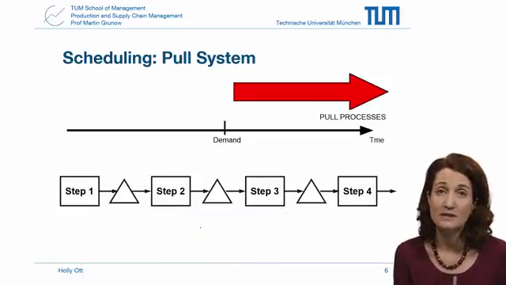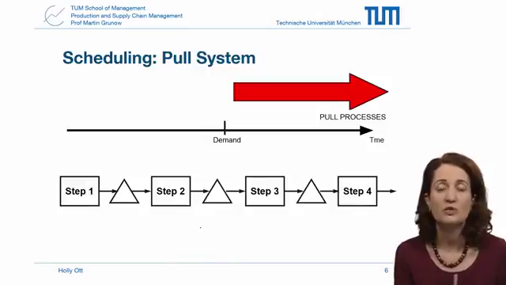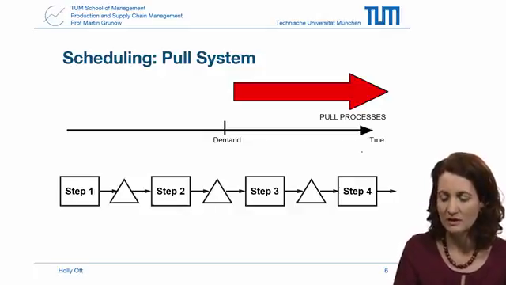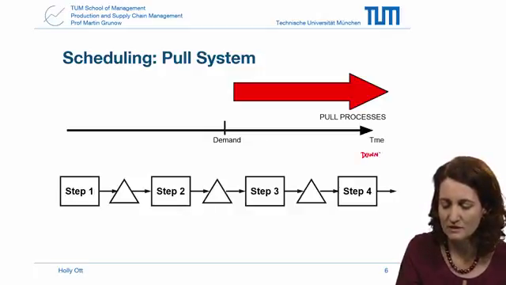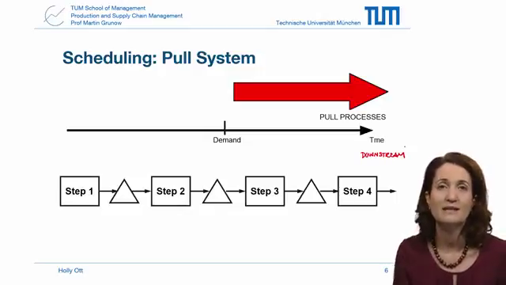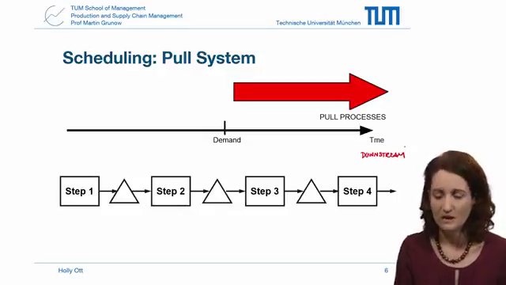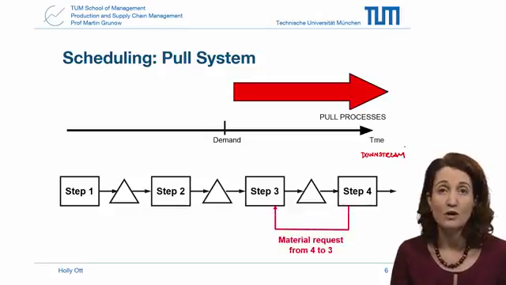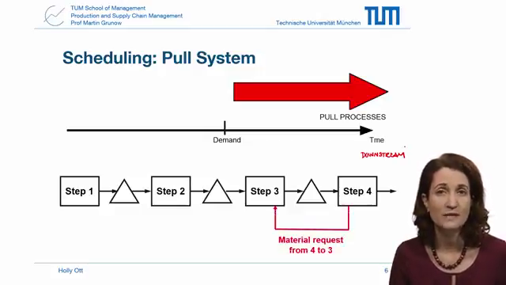In a pull system, processes are triggered, are authorized by a replenishment signal from a downstream operation. So here we have our downstream operation, step 4, which is closest to the end demand for this system. Step 4 will look at the end demand and request material from step 3.